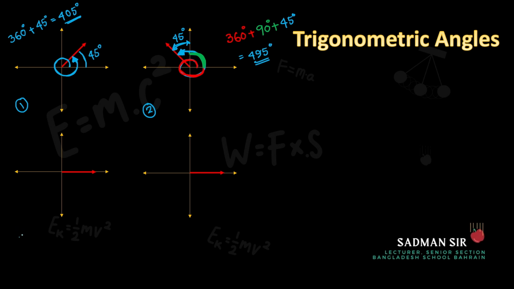Now let us take a look at figure number 3. Notice at what angle it is rotating. One rotation, two rotation. See, till now we completed one rotation, right? But here we saw that it completed two rotations. Correct or not?